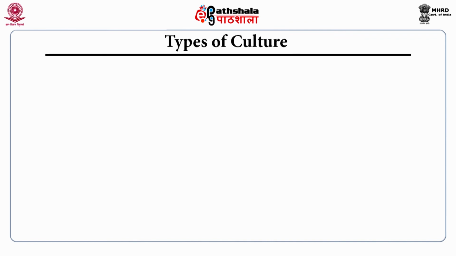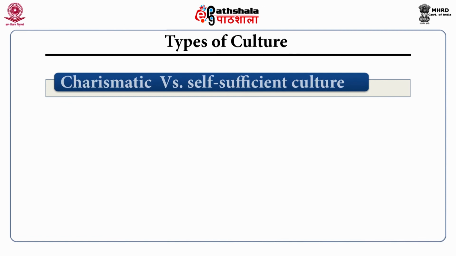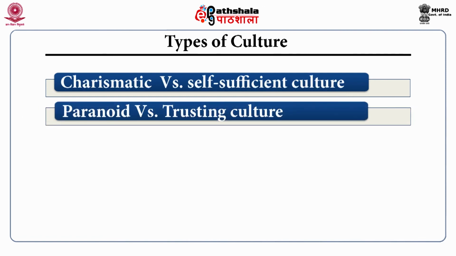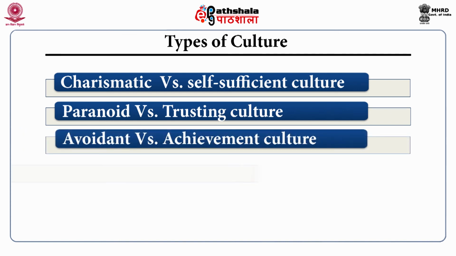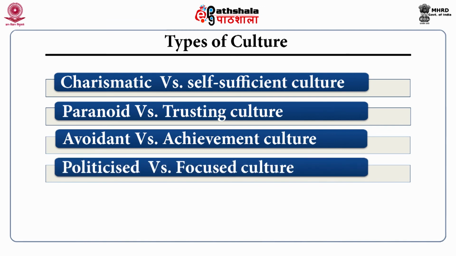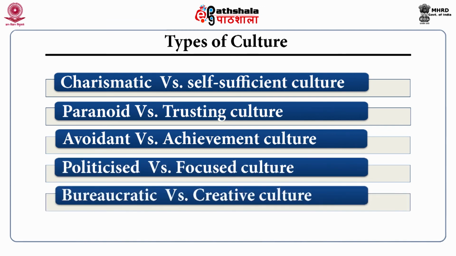Types of culture. There can be different types of cultures varying from charismatic to self-sufficient culture, paranoid to trusting culture, avoidant to achievement culture, politicized to focus culture, bureaucratic versus creative culture.